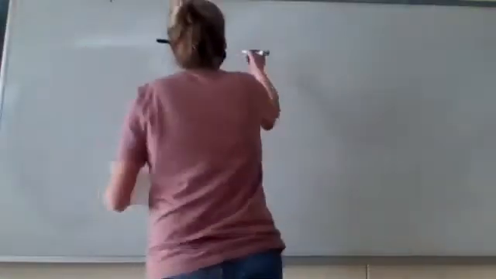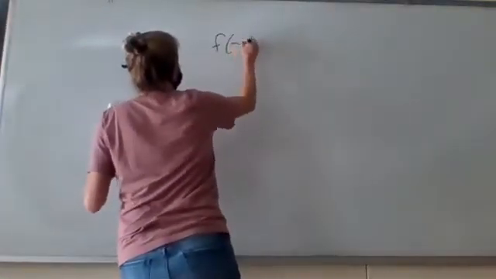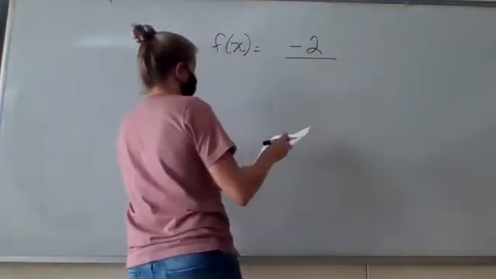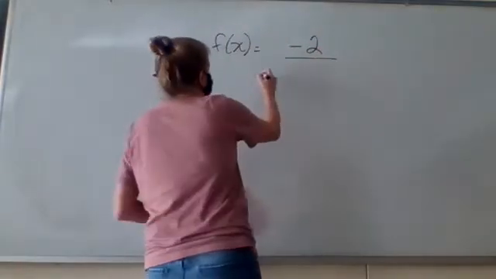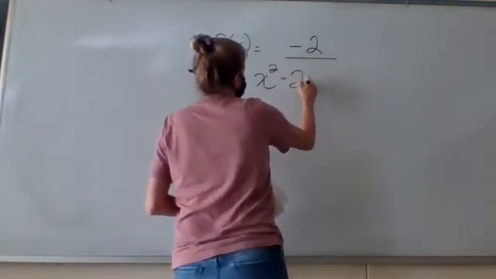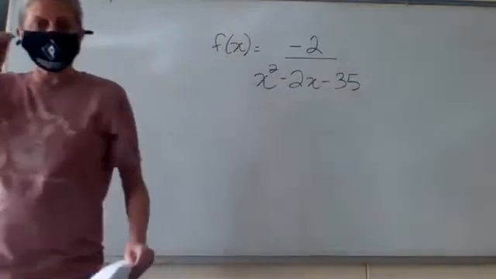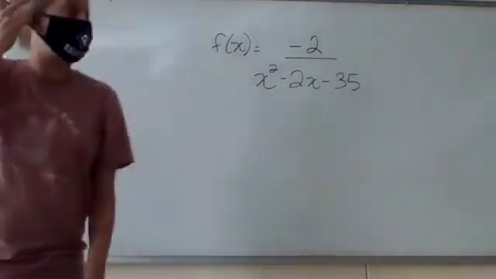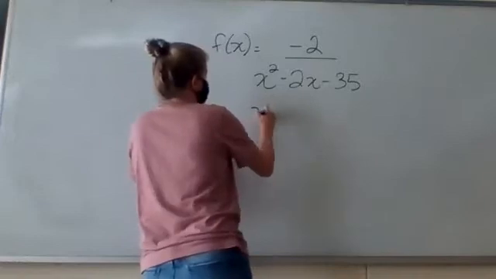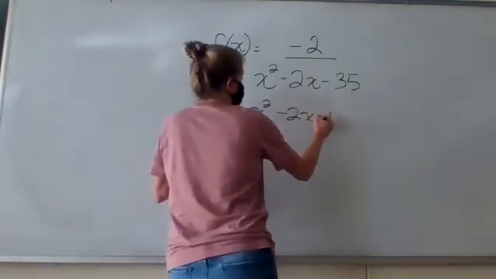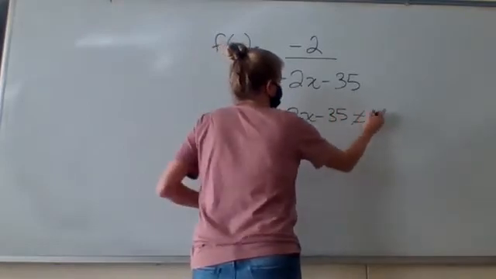We have f of x equals -2 over x squared minus 2x minus 35. So again, I need to find the zeros of the denominator. So x squared minus 2x minus 35 cannot equal 0.